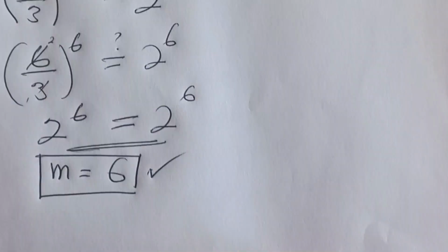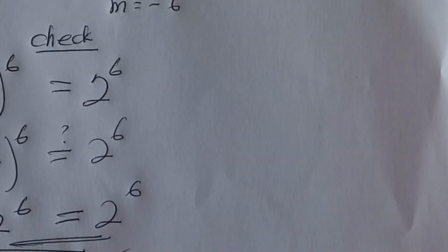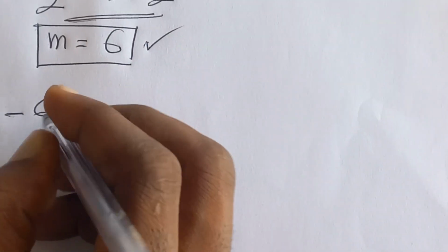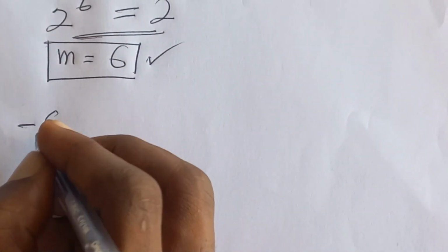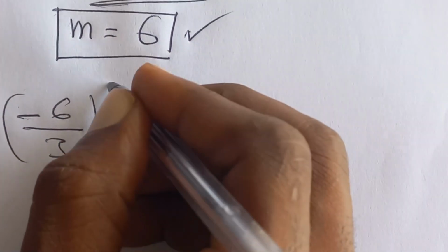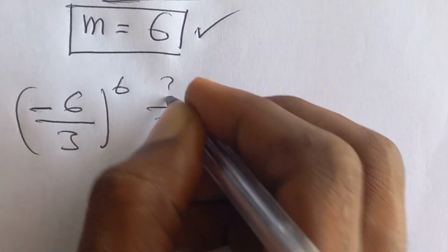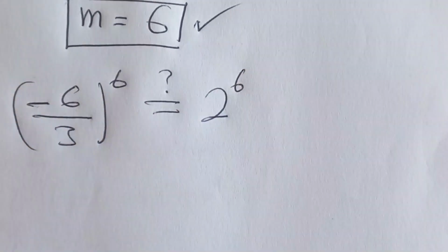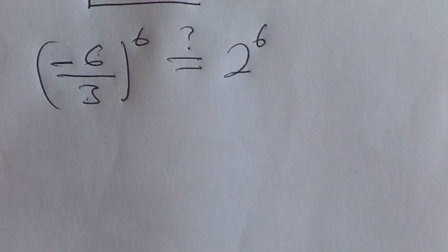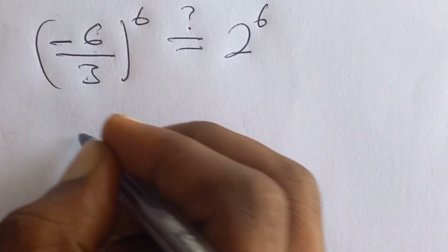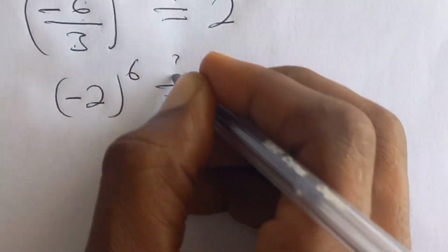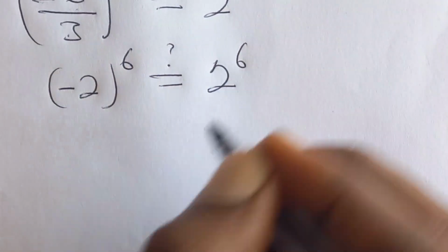Now let's test for case 2. When m is equal to negative 6, we are going to get (negative 6/3)^6 is equal to 2^6. Now we are having it to be (negative 2)^6 and equal to 2^6.